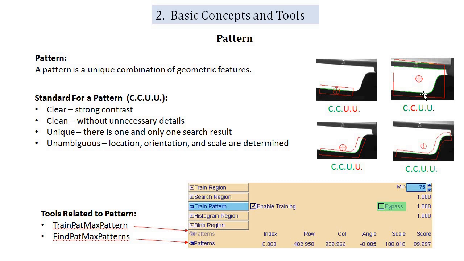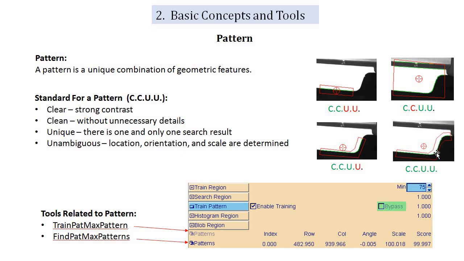This one, if we judge, then it is clear but not clean because of here, and it is unique and unambiguous. And this one, it is clear, clean, unique. However, it is not unambiguous. Why? Because the scale is still not determined after that.